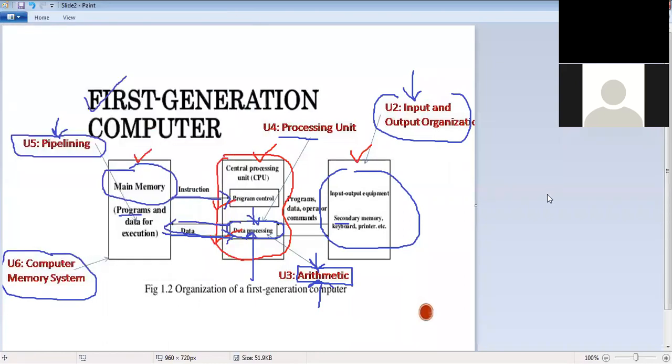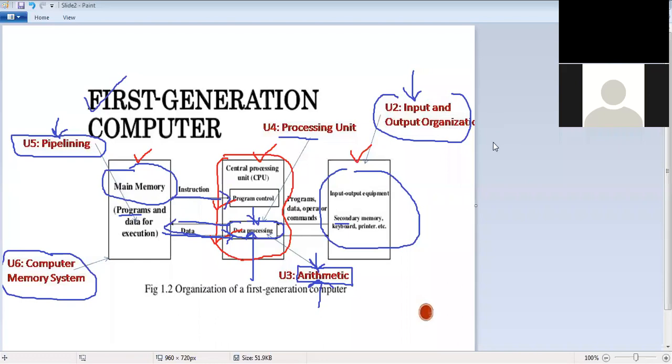Wait a minute. Let me see your suggestions. Okay. Can anyone hear me? Yes. Hello. Yes, sir. Srinidhi, sir.